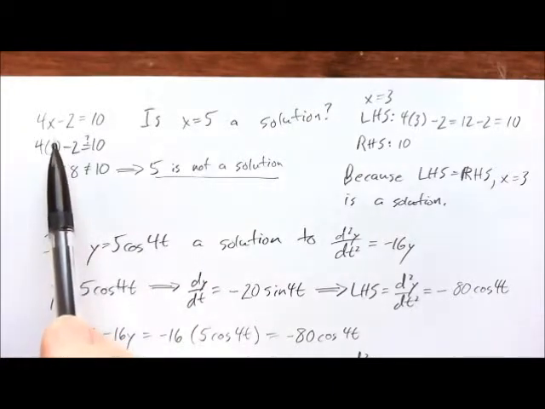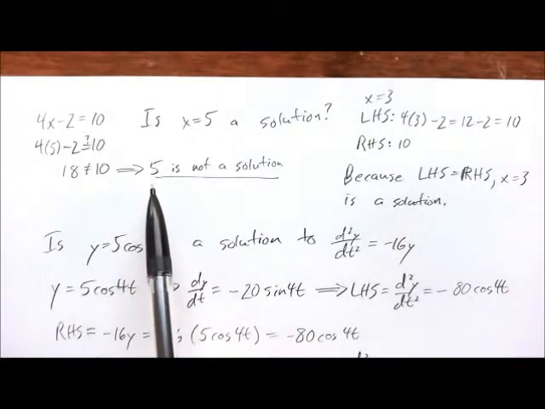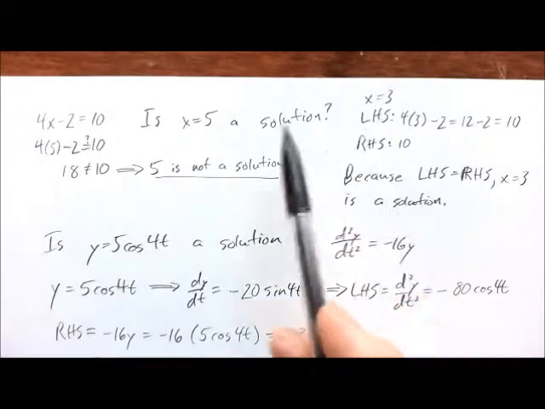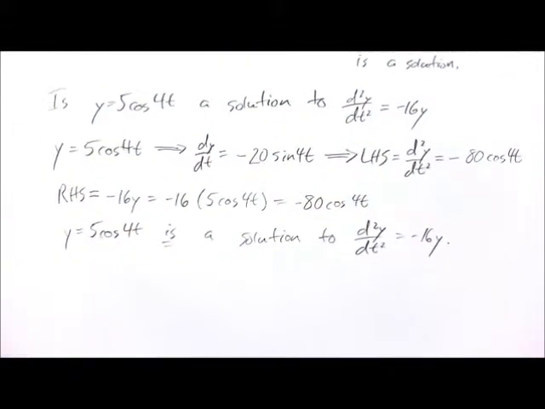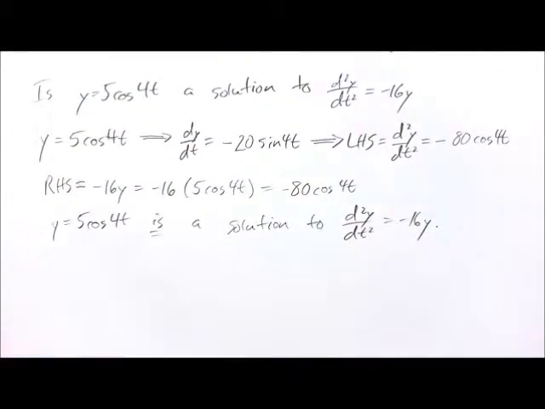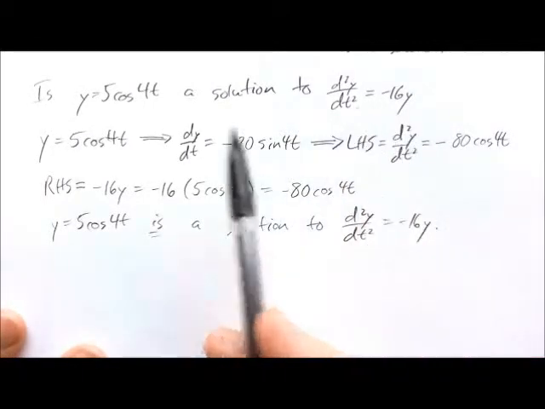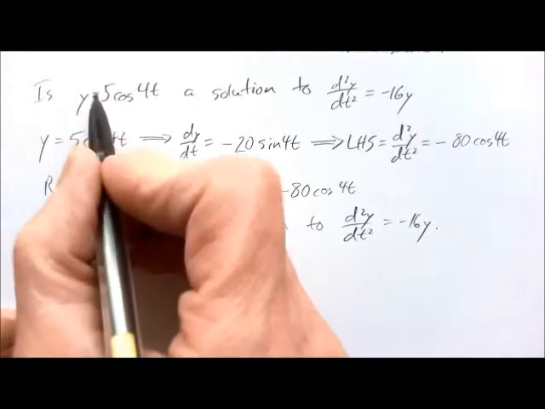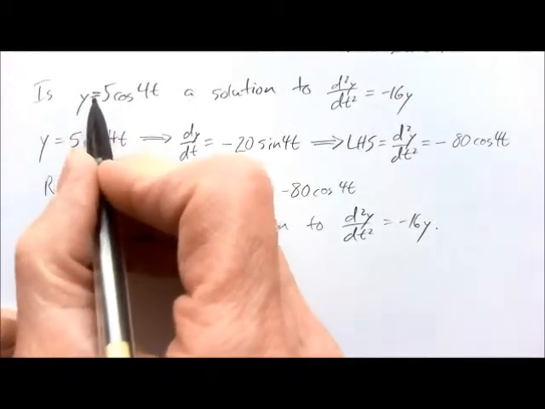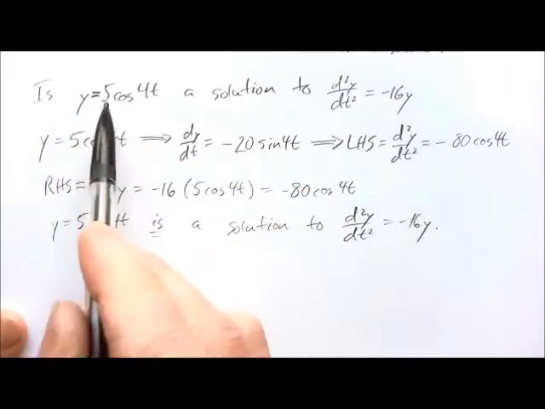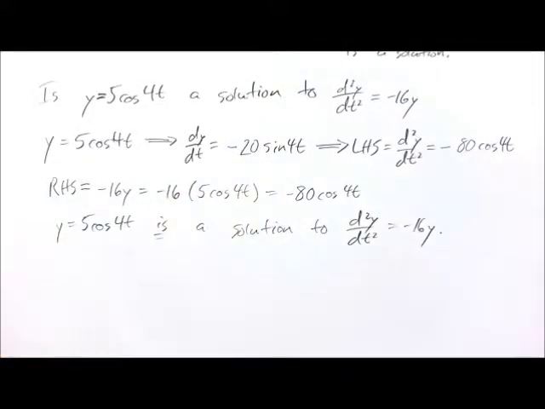In an algebraic equation, a solution is a number. So the number 3 is a solution to this algebraic equation. When we're looking at possible solutions to differential equations, the solutions are in fact functions or equations themselves that satisfy the differential equation.